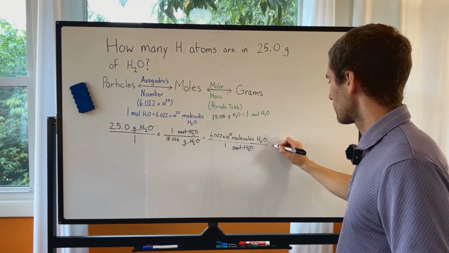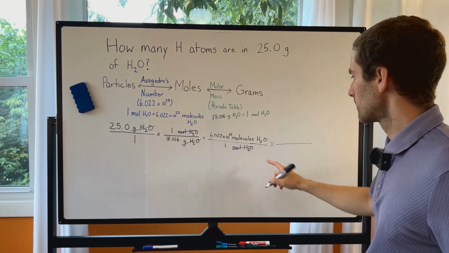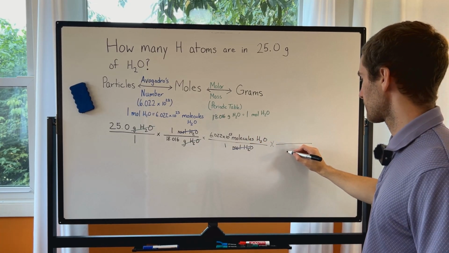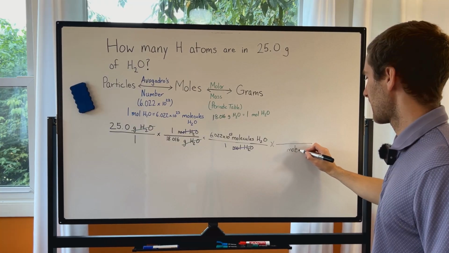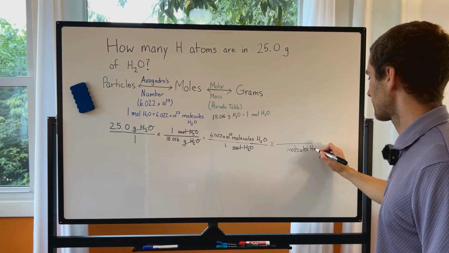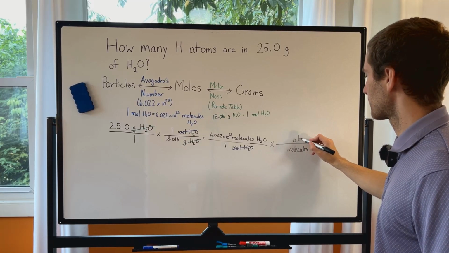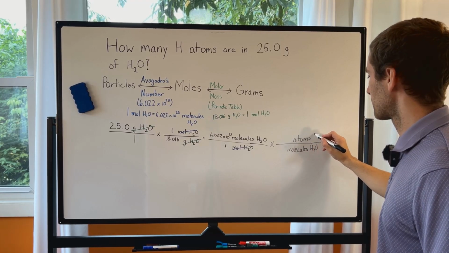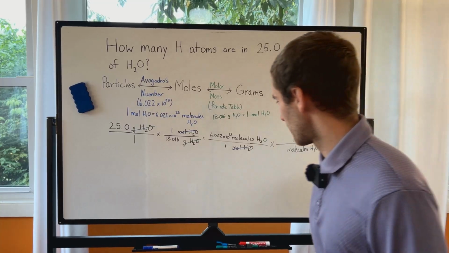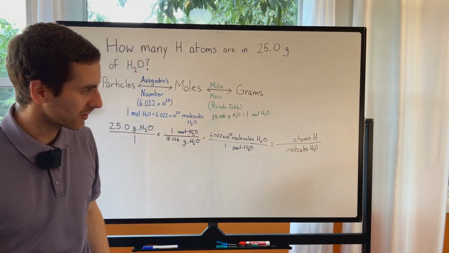So now we would like to be able, if possible, to put molecules of H2O on the bottom to cancel that, and then atoms of hydrogen on top, because that's what we're trying to find. So if there's a direct conversion from here to here, that's what we would like.